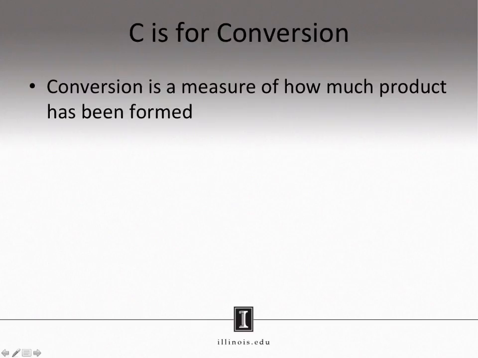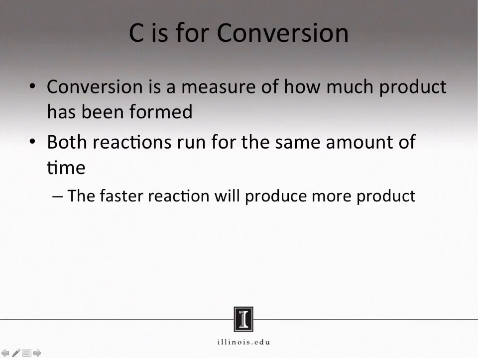Conversion is a measure of how far our reaction has proceeded, how much product has been made. Have we made 25% of our product, or have we made 75% of our product? In this experiment, both of your reactions will run for the same amount of time, 1 hour. This means that the faster reaction will produce more product.